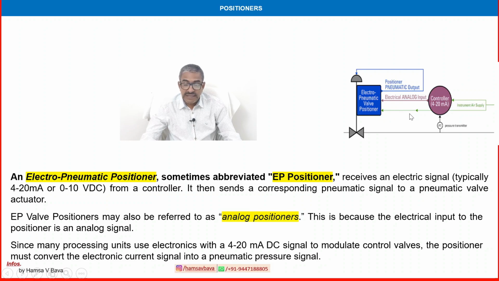It will receive the electronic signal of 4 to 20 milliamps, compare it with the pneumatic signal, and produce a pneumatic signal equivalent to the control signal. That pneumatic signal goes to the actuator, so the transducer is inbuilt. Otherwise, in other cases, if the electronic signal is coming from the controller, we provide a transducer in between. That we will mention in our coming slides.